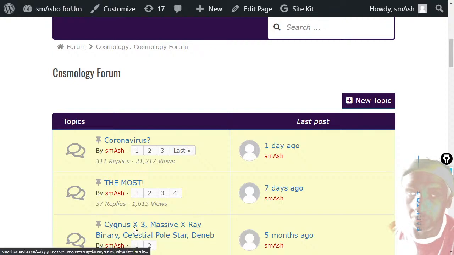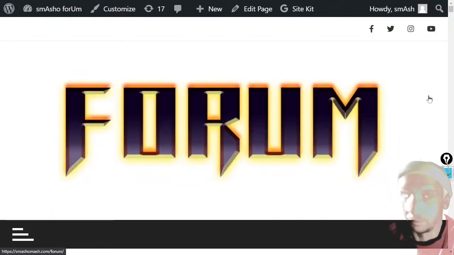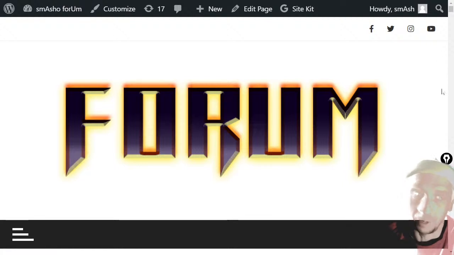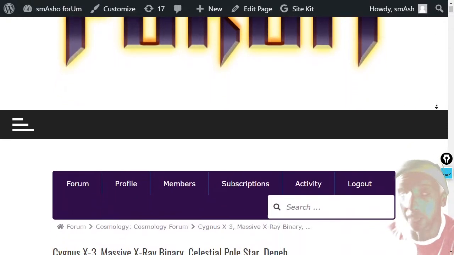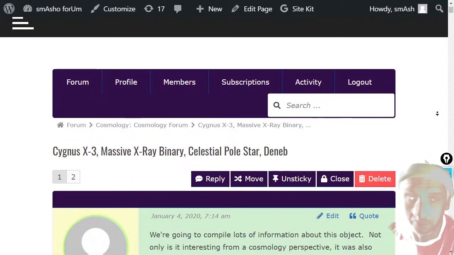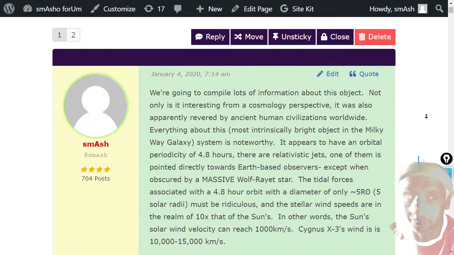Also, celestial pole star. Cygnus X3, otherwise known as Deneb, or Alpha Cygni, the brightest star in the constellation Cygnus, or the brightest intrinsic object visible from our solar system. Yes, the brightest object in the galaxy is indeed Cygnus X3.